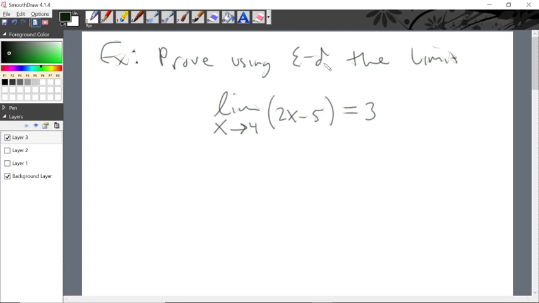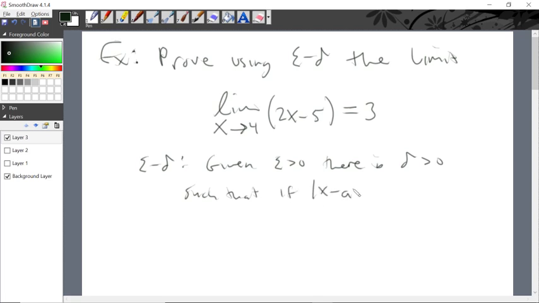The epsilon-delta definition: given epsilon greater than 0, there is delta greater than 0 such that if the absolute value of x minus a is less than delta, then the absolute value of f of x minus L is less than epsilon.